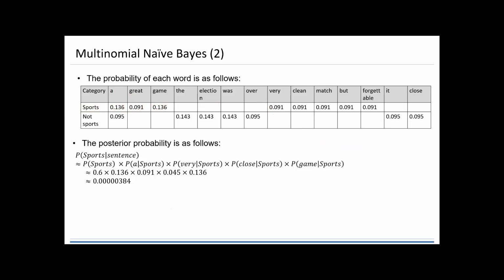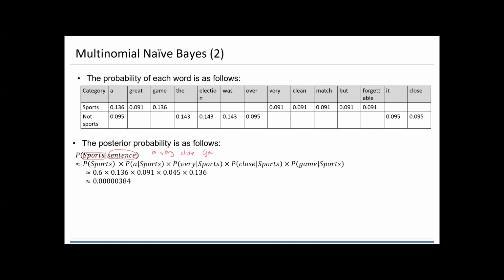posterior probability. The posterior probability means that if we have sports given the sentence, it means I want to know if it is sports, if it is sports given the words a very close game.